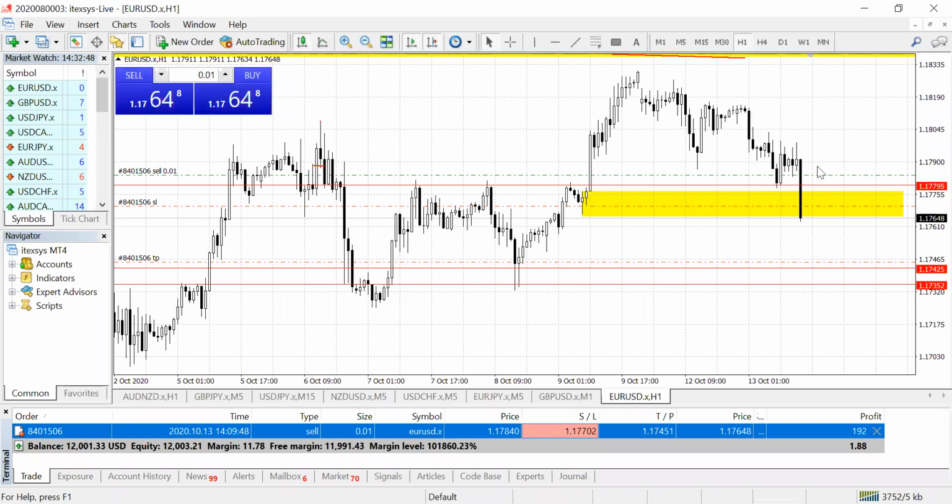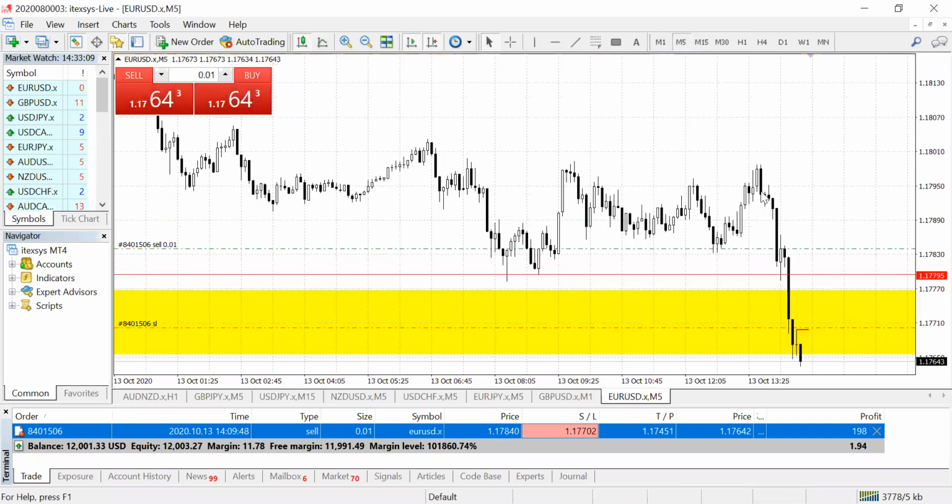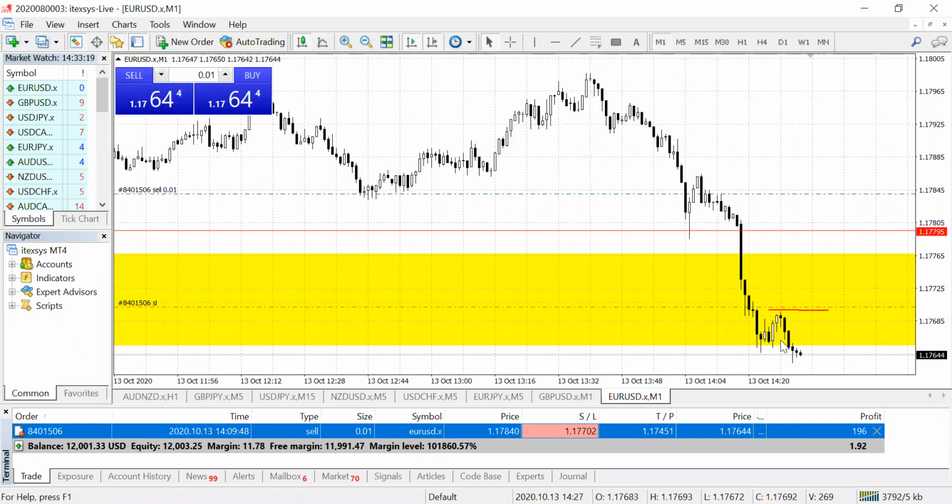So I expect some continuation to the downside after this big drop, especially if it doesn't reverse now, because I don't see anything else to stop this down movement. So bottom line, guys, I don't think I'm taking profits. I think this might just keep running. In any case, I would try to add to this position.